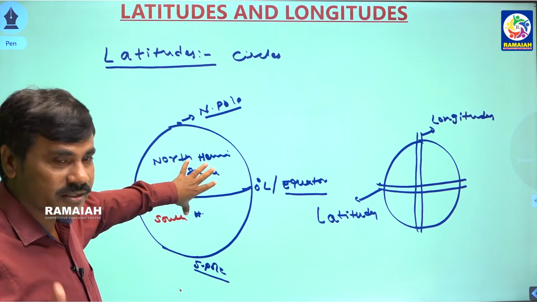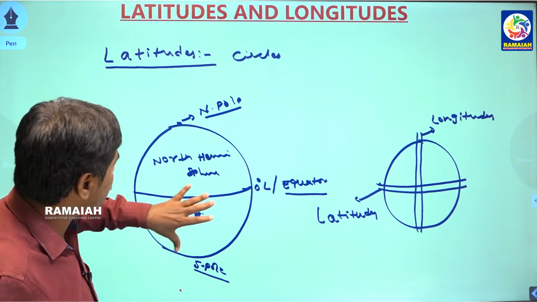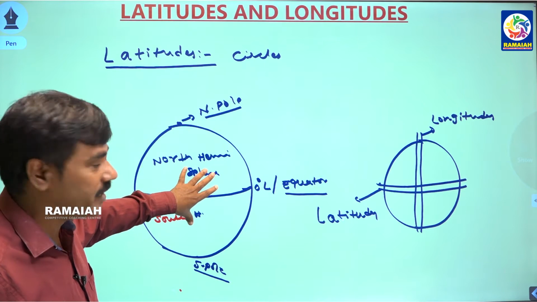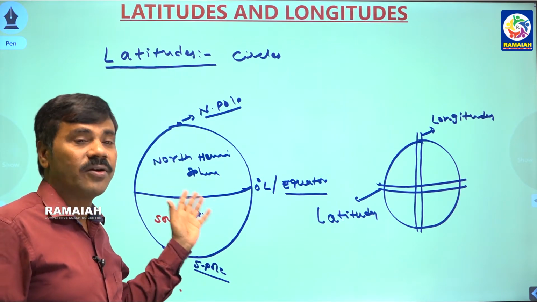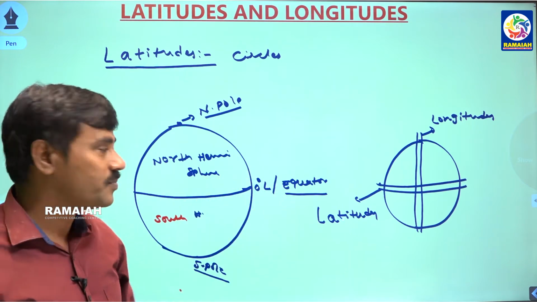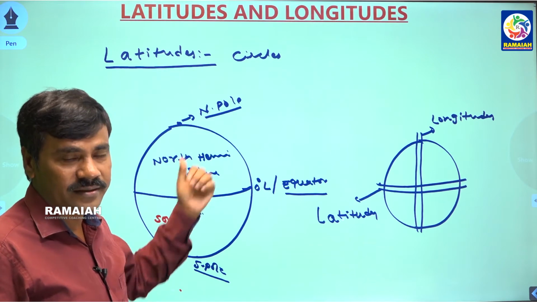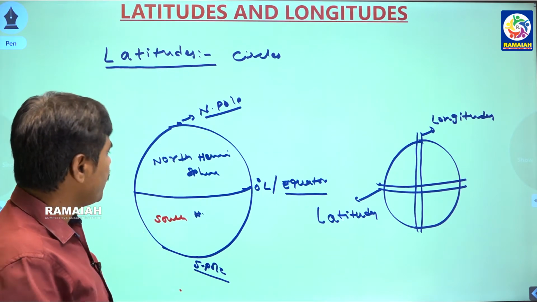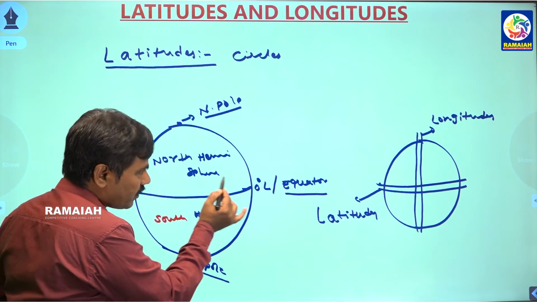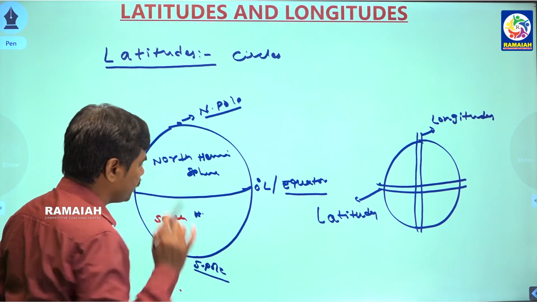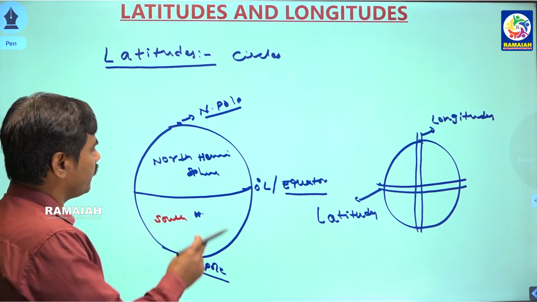This portion is receiving sunrays, so it is daytime. The back half is not receiving sunrays, so it is not visible and is under night time. That's why we see only half of the equator.